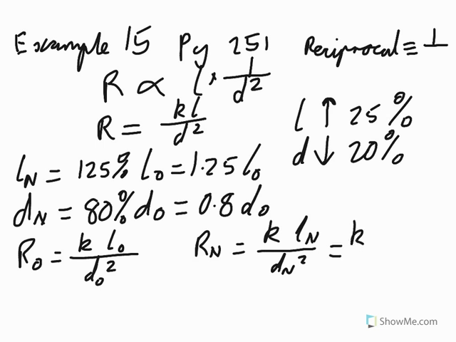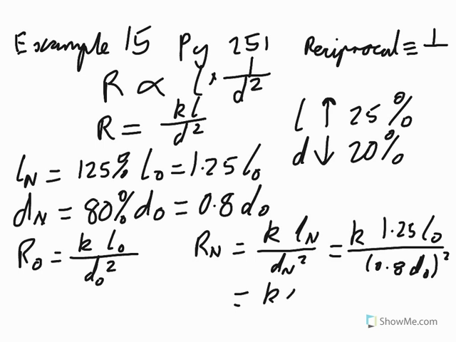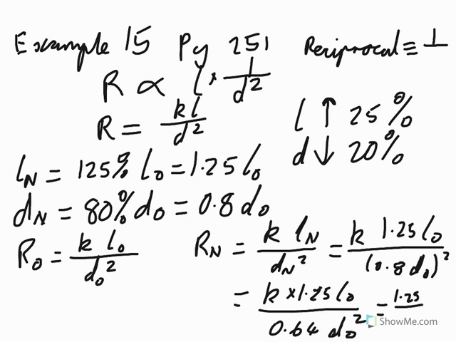So when we look at that, it's K, and the new length is 1.25 times the old length over the new diameter, which is, oh sorry, not 1.8, 0.8 times the old diameter squared, which is K times 1.25 L naught over 0.64 old diameter squared, which is 1.25 on 0.64 times the old resistance.